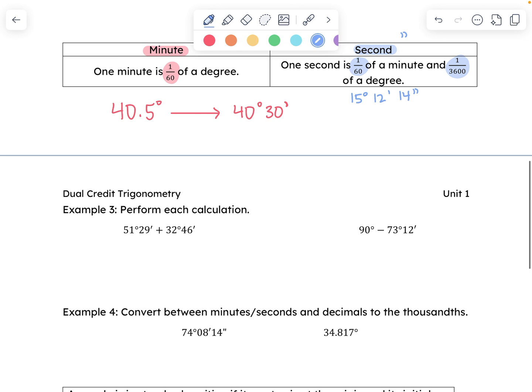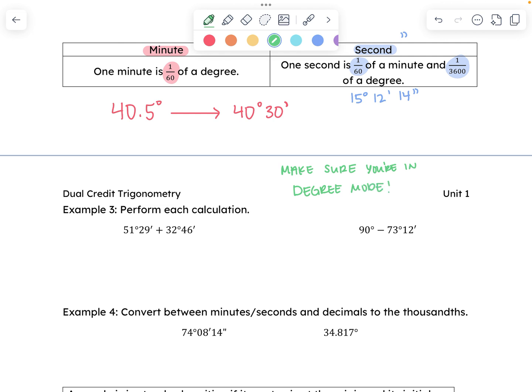So the first thing that you need to do is make sure that you're in degree mode when we're talking about degrees. Make sure you are in the right mode when we are doing things in this class. We will be using degrees.